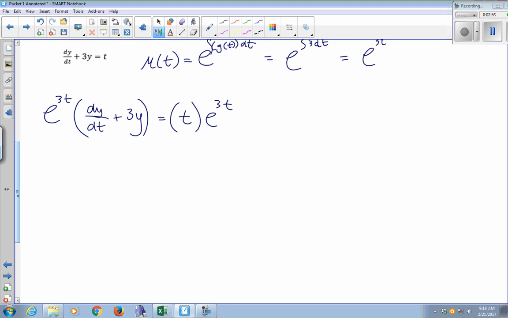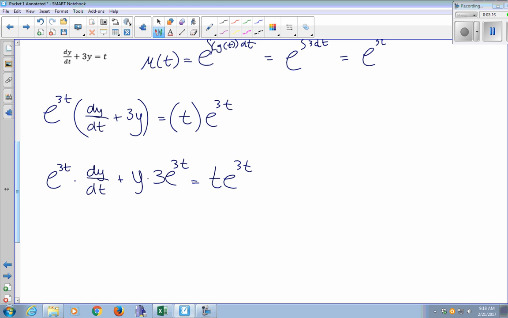On the left, I distribute e to the 3t, so I have e to the 3t times dy/dt plus y times 3e to the 3t equals t e to the 3t.